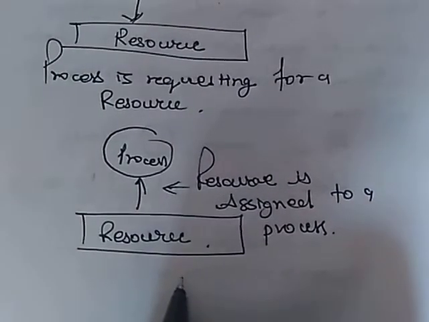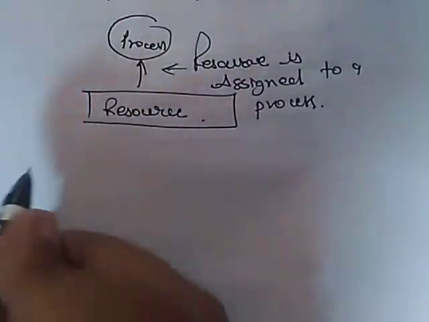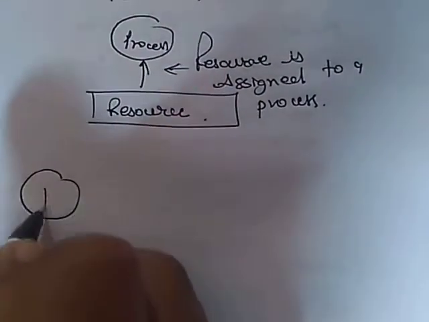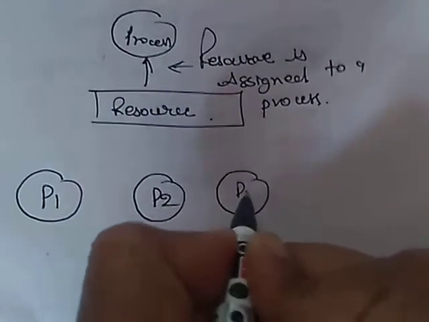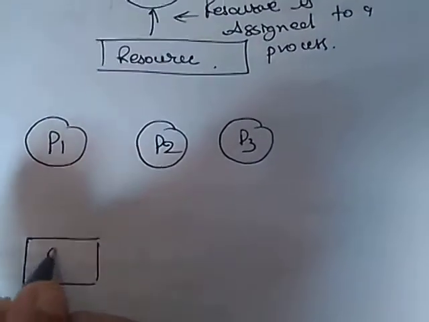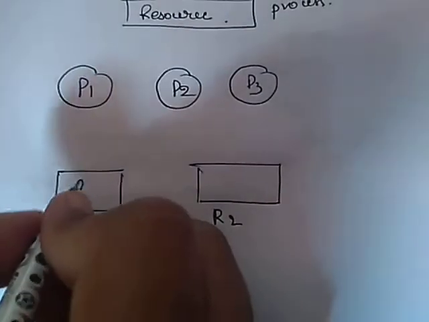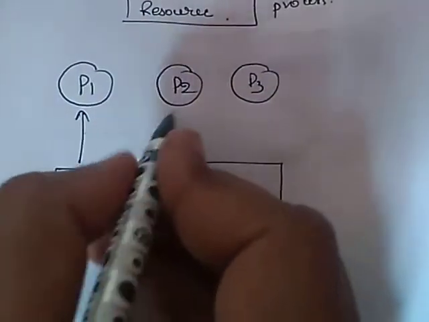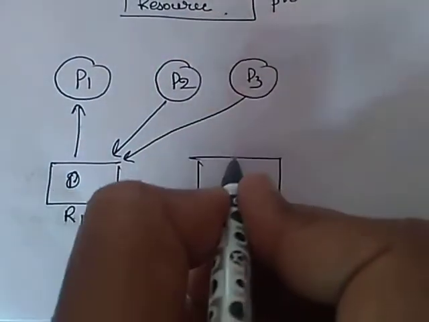So let us consider a resource allocation graph. In this we have three processes, P1, P2, P3, and we have a resource R1 and we have a resource R2. So let us see this resource allocation graph.